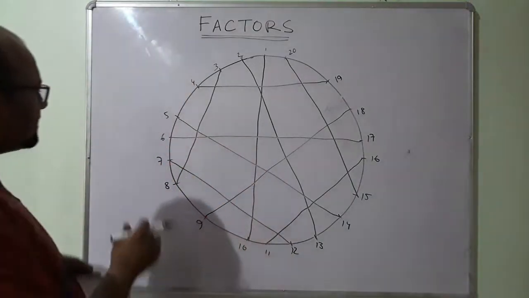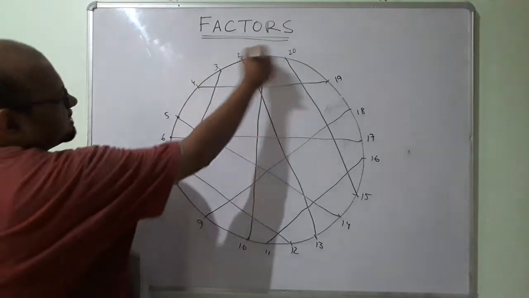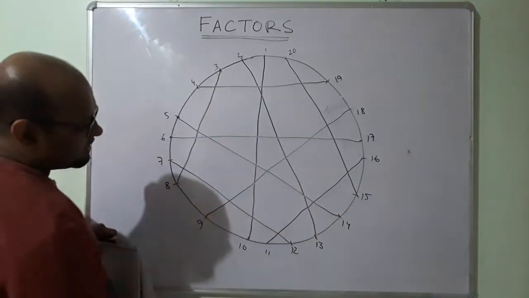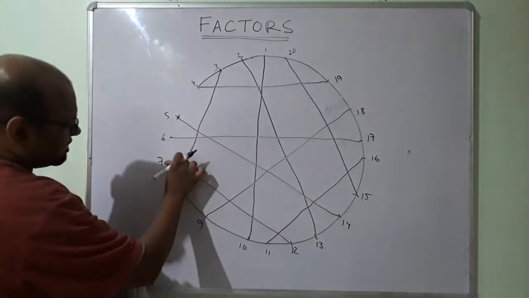We can have this if we remove some edges. These are all vertices, this numbering that I did. I have 20 vertices and 30 edges in this graph. If I remove all this, what will happen?